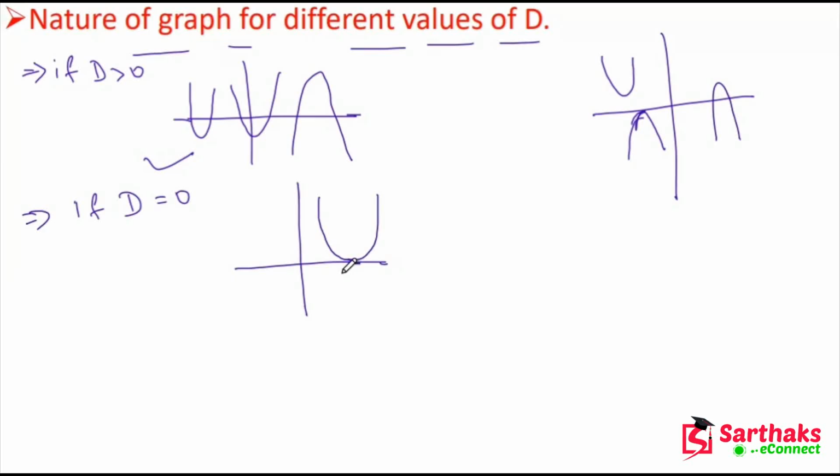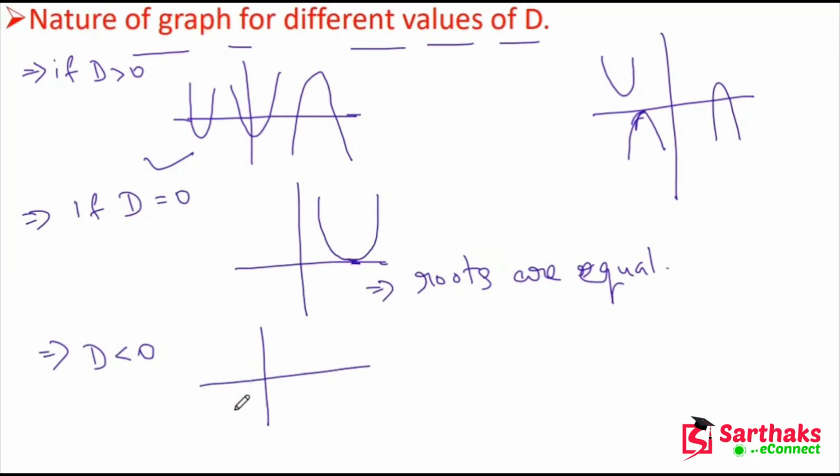Now in this case the roots are real and equal.